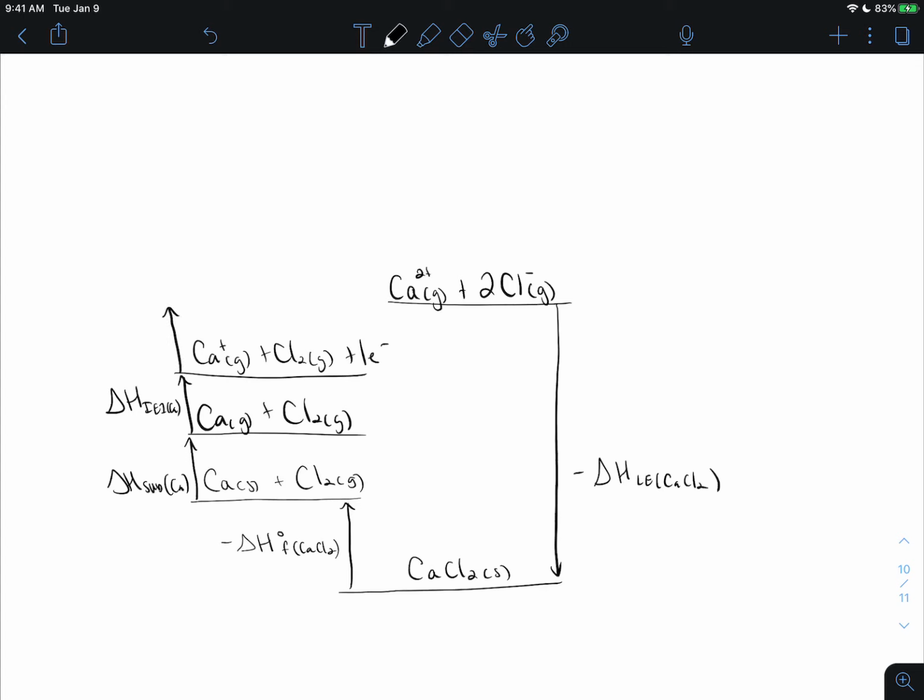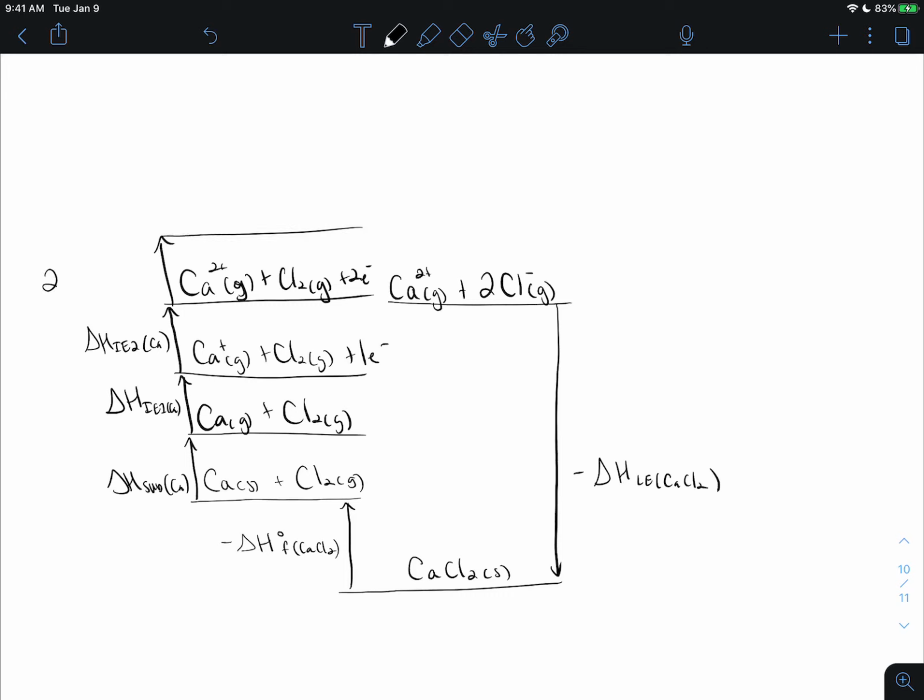And then our second ionization energy giving us calcium 2 plus chlorine plus 2 electrons.